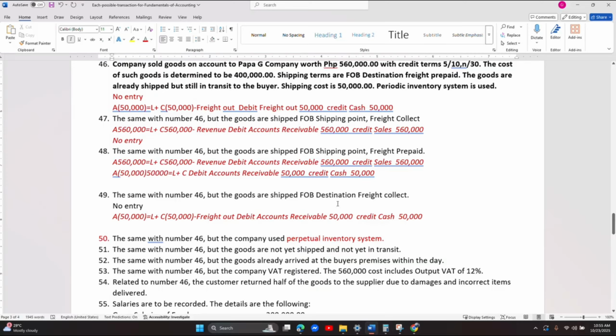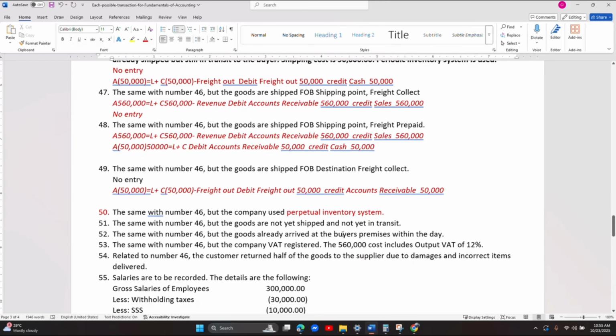So that's what happened. Okay, and this is the analysis. And if we're going to make an entry out of this, we'll have debit freight out $50,000, and then credit accounts receivable $50,000. So I guess that's number 49.